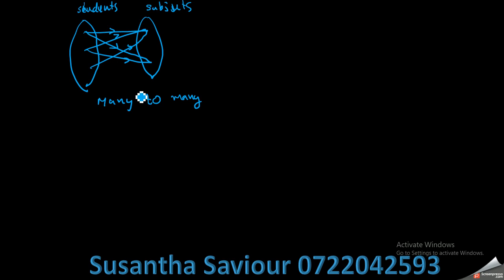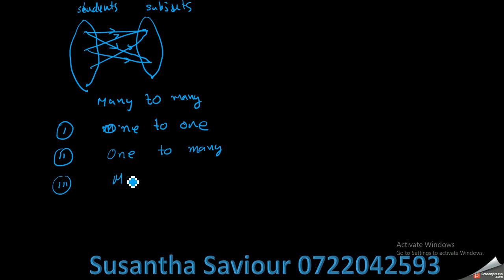So there are 4 types of relations we now spoke about. First is one to one. Second is one to many. Third is many to one. Fourth is many to many.